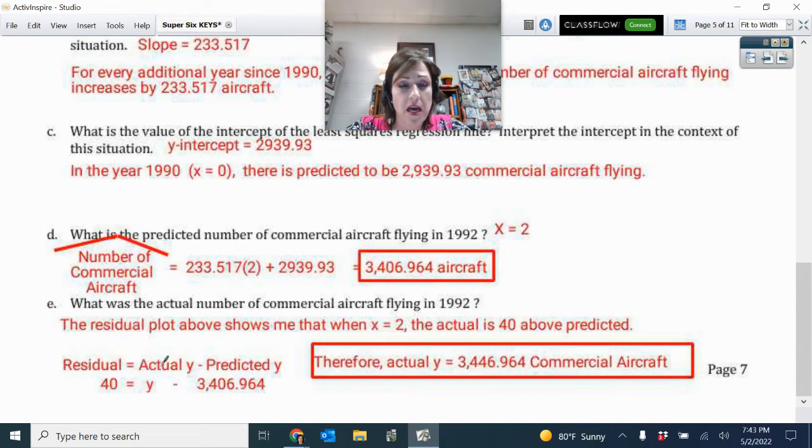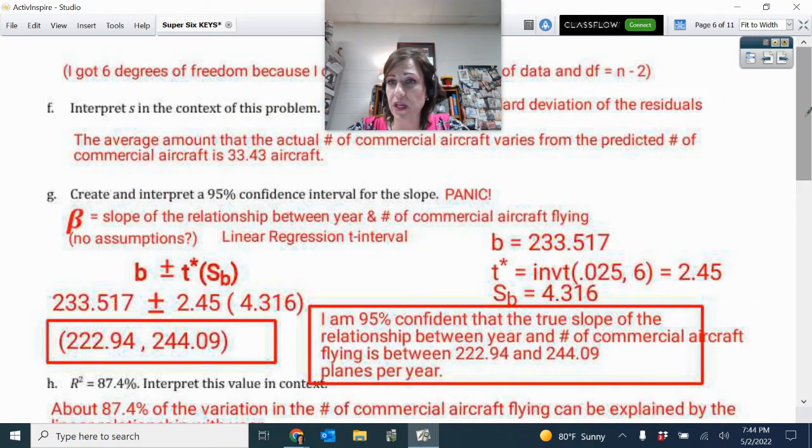You could just say predicted was 3406, and I want to go 40 above that, so common sense says we're just going to add that to it. And if you're a formula-driven person, you can say residual equals actual y minus predicted y, and then plug in what you know and solve for what you need to know. So here we go.